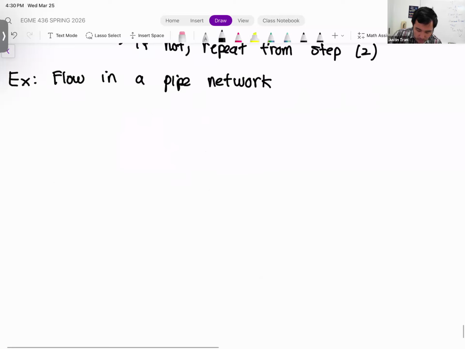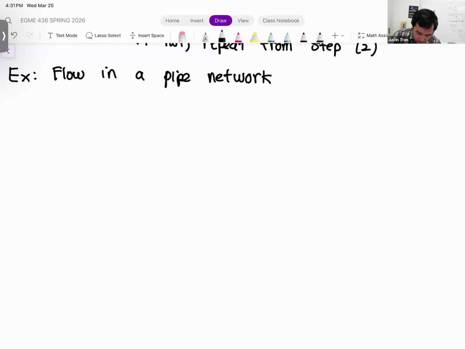We have a fairly complicated piping network here, so let me draw it out. Each line here is going to represent a pipe.